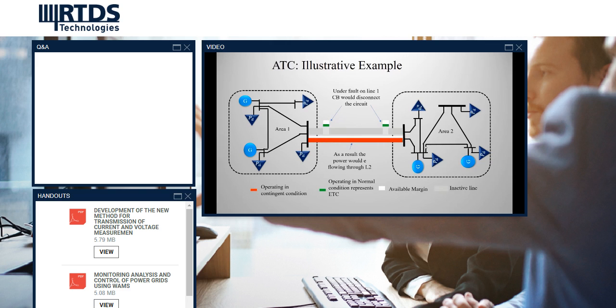Therefore, adequate information of transmission capability margin, that is available transmission capability margin, would empower the power system operator to take adequate decisions. Hence, the availability of real-time data for ATC is a significant factor.